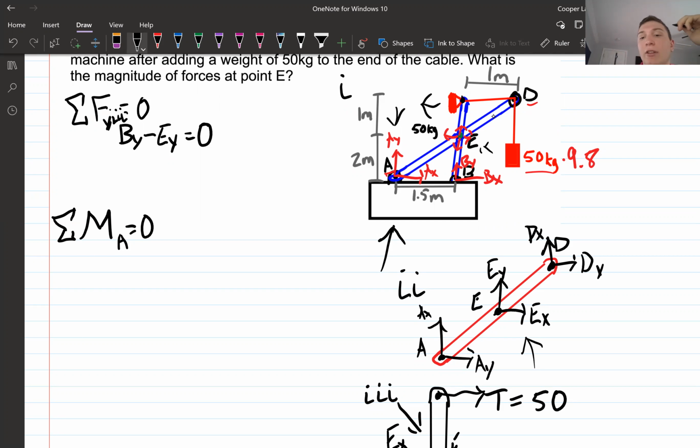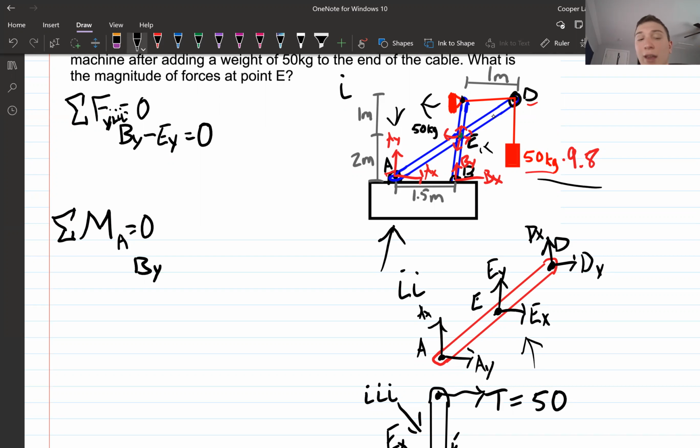So that simply leaves B sub Y, and it's positive because it's creating a force in a counterclockwise direction. And then we have our T value up here, our tension caused by our cable.